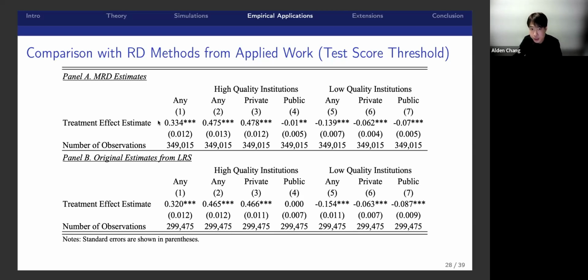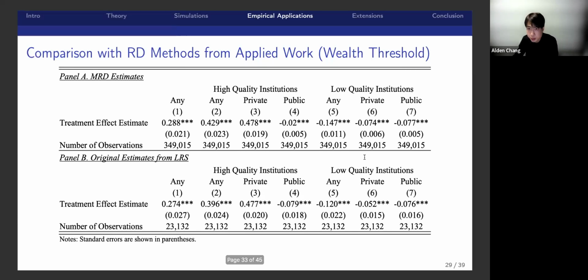I'll not go over the numbers in great detail, but basically we get the same qualitative results. The point estimates are quite similar. But if we look at the standard errors, the MRD standard errors tend to be a little bit smaller, like 0.007 compared to 0.011, 0.005 compared to 0.009.